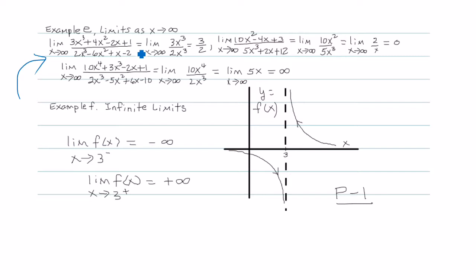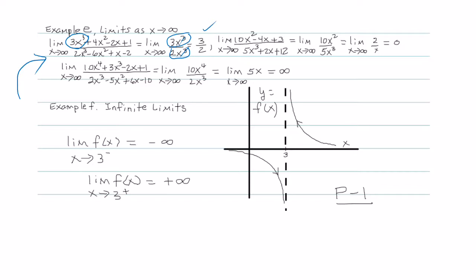As x goes to infinity, and you remember a polynomial, as x goes to infinity, you can take the term with the highest degree, and in this case, neglect the rest. So we plug in the highest degree term, 3x cubed. The denominator is 2x cubed. The x cubes cancel, and you get 3/2 is the limit.